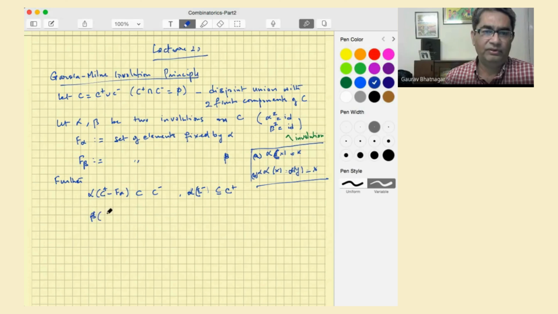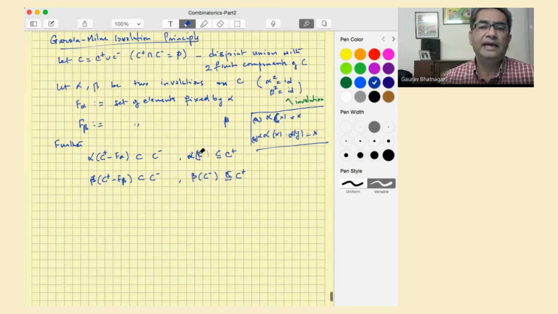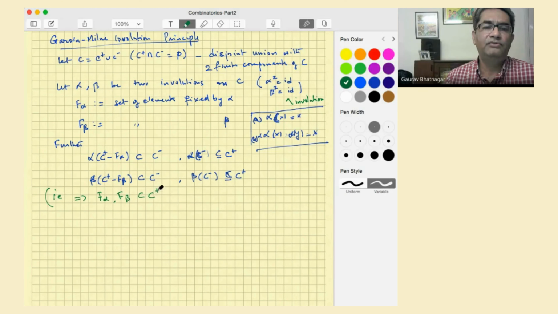And beta of C plus minus F beta is contained in C minus, and beta of C minus is contained in C plus. So in particular, this means that these fixed points cannot be in C minus. This implies that F alpha and F beta are all part of C plus, because if they were part of C minus, their image would be in C plus.